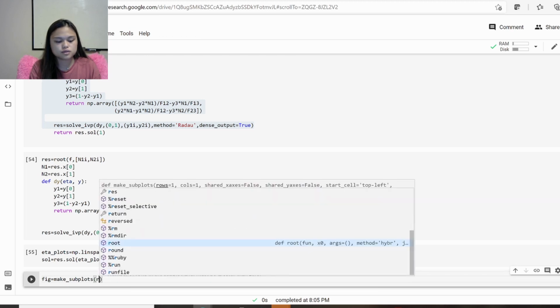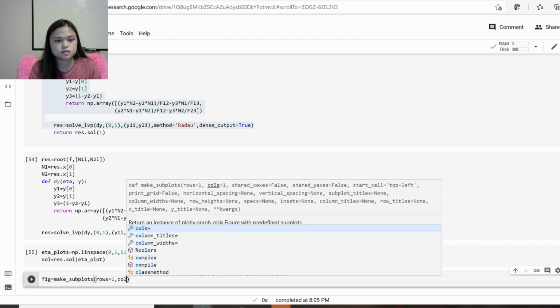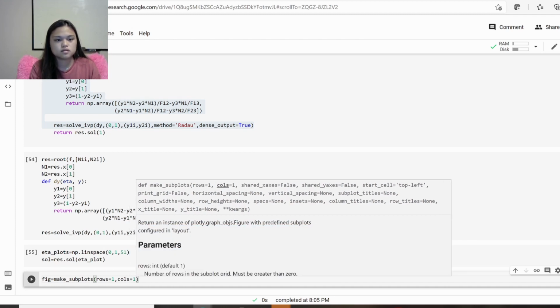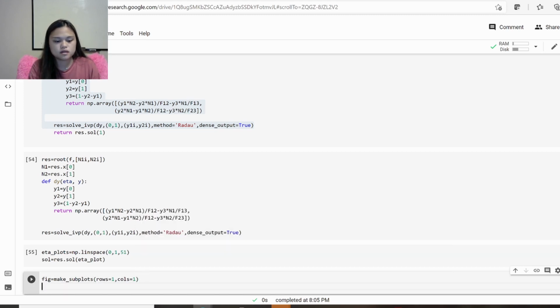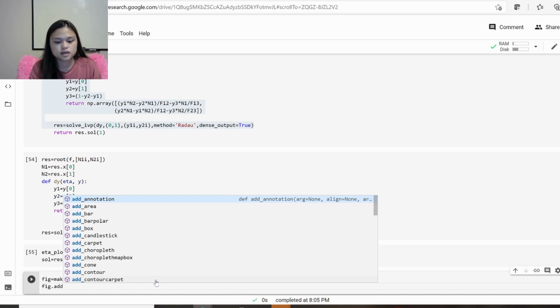So we're going to make the rows go to 1 and the column. Oh, don't need to spell that all out. And then we want to add those lines, so we're going to start with acetone. So we're going to add that line.